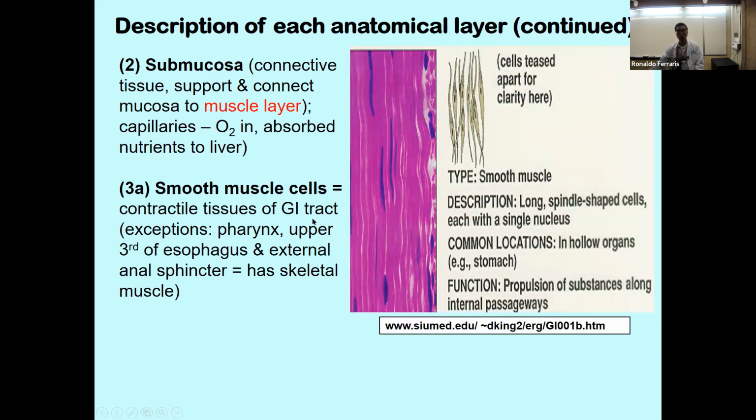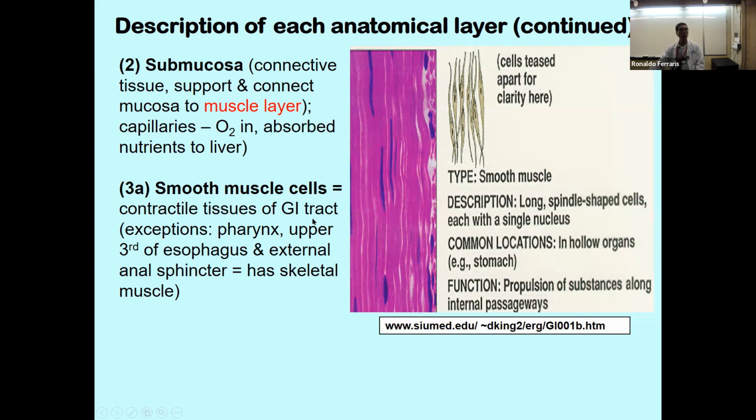There are also capillaries there that bring oxygen and other nutrients into your epithelial cells. They are also tasked with absorbing these nutrients and bringing them to the liver.